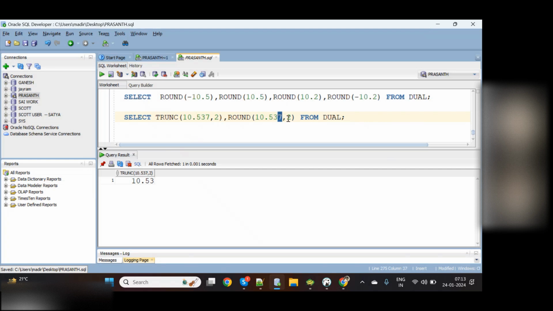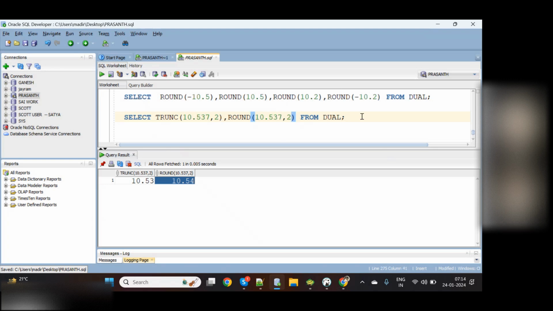If it is less than 5, it will just keep as trunk. Rounding to the second decimal part, your value is 10.54. Why? Because your third decimal part is greater than or equal to 5.